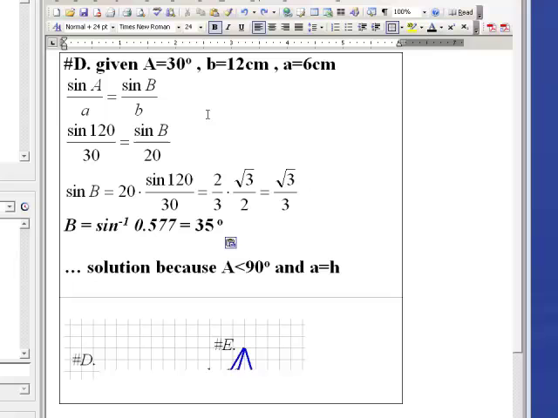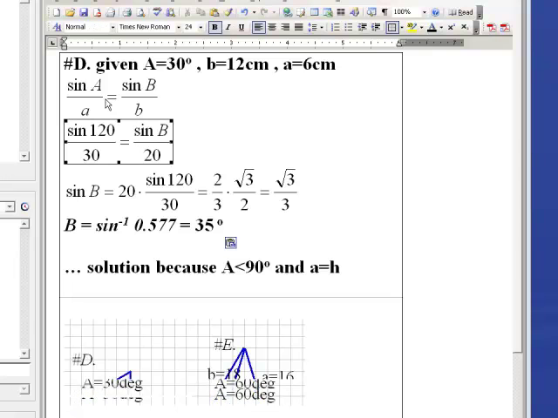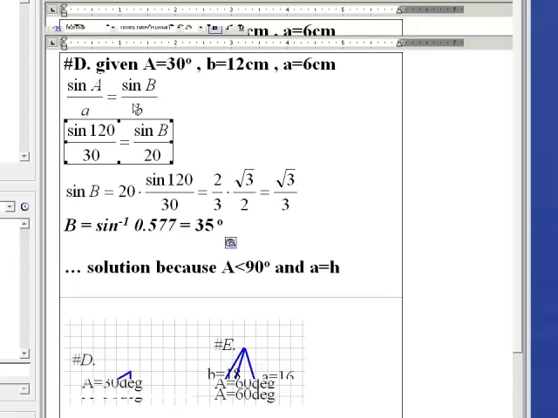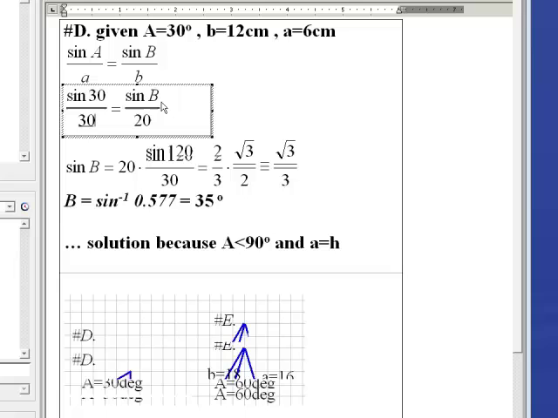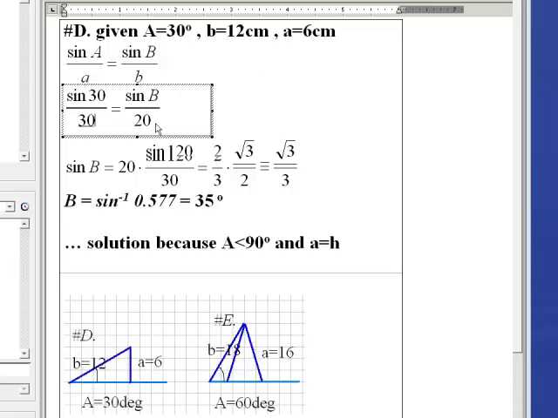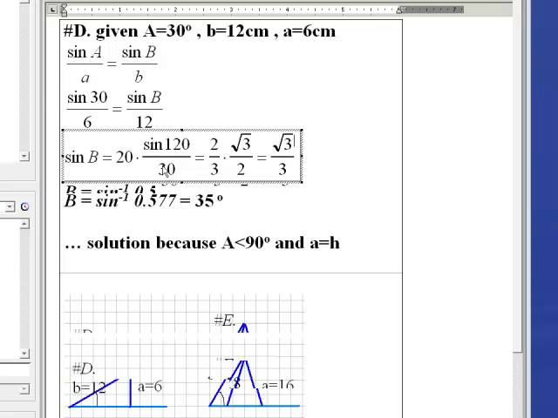Okay, so again we're going to use sine A over side A equals sine B over side B. So we're going to plug in the numbers. Sine of 30 degrees divided by 6 equals sine of, oh, that's what we're supposed to figure out, B divided by 12. There we go. Use these numbers.